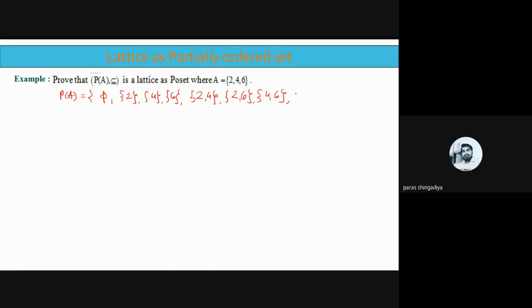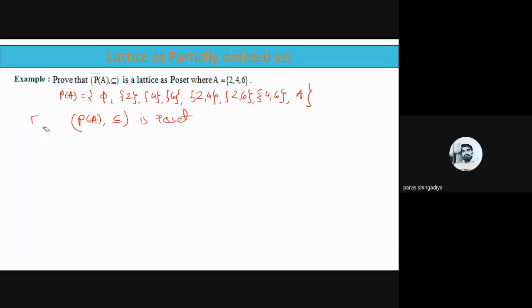This is a pair of 2 elements, and the last one is A itself. So 8 subsets we can define for A equal to {2, 4, 6}. Clear?